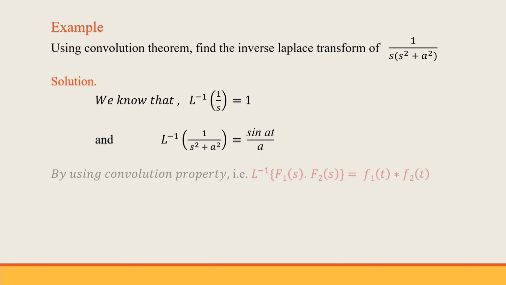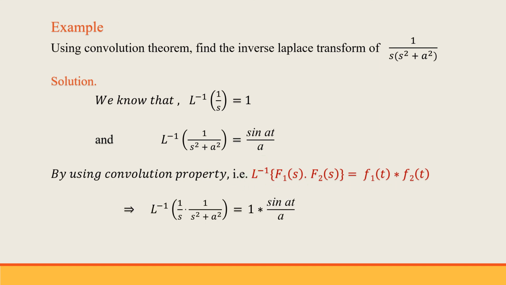So, by using convolution property of Laplace transform, we can write Laplace inverse of 1 by s into 1 by (s square plus a square) equal to convolution of 1 and (sin at) by a. So, we need to find the convolution of 1 and sin at.